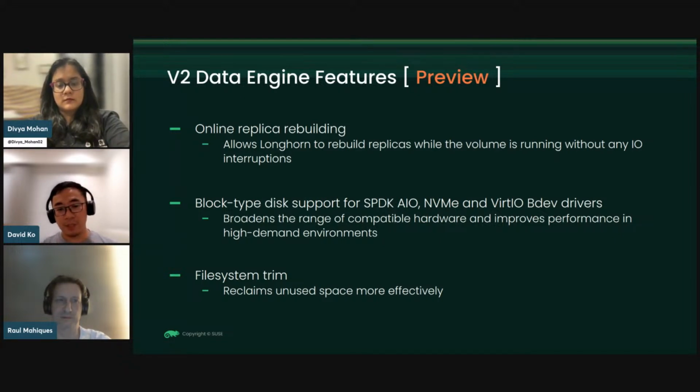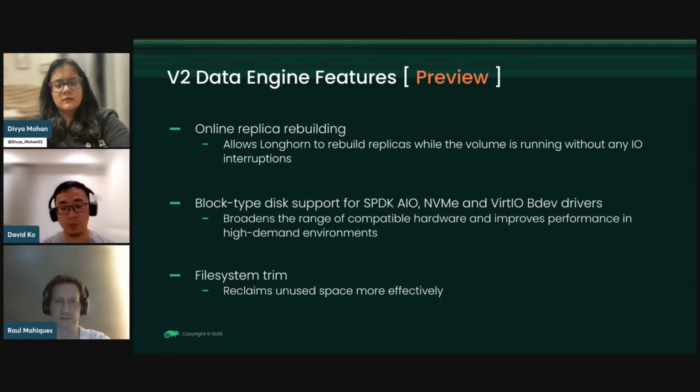The second one is block-type disk support. SPDK has different disk drivers, like AIO, NVMe, or VirtIO, with different capabilities. Before 1.7, we only had AIO for all types of disk.